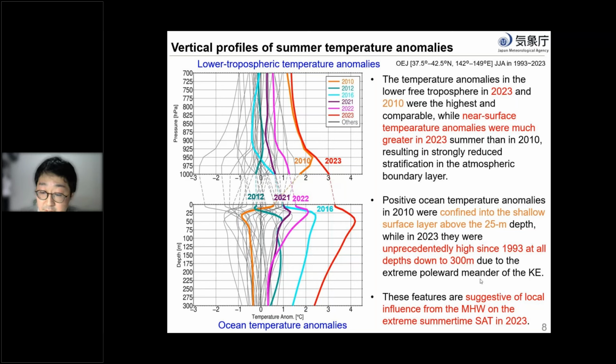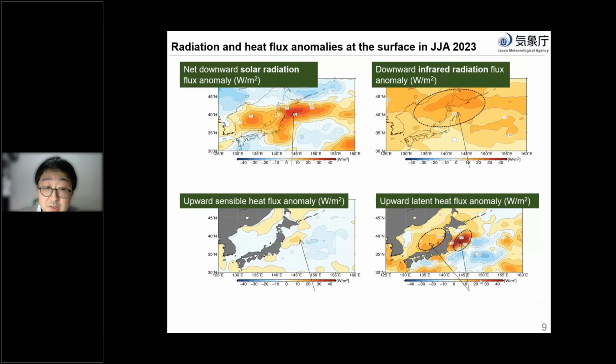It's due to the extreme poleward meander of the Kuroshio Extension. So these features are suggestive of local influence from the marine heat wave on the extremely high summertime SAT, surface air temperature, in 2023.